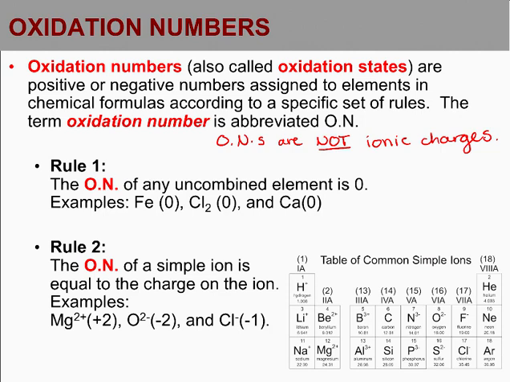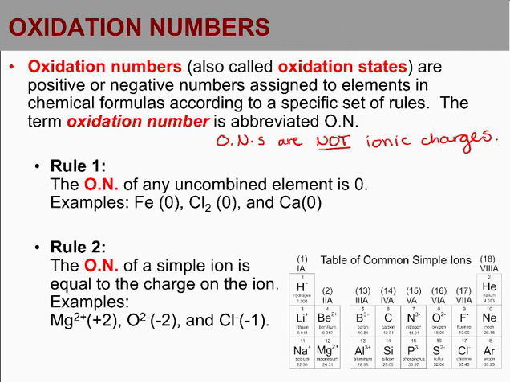All right, so rule number 1. We're going to say that the oxidation number of any uncombined element is 0. So for instance, if we have an element in its pure form, then we're going to say it has an oxidation number of 0. Or another way of thinking of this is, it's a neutral element.